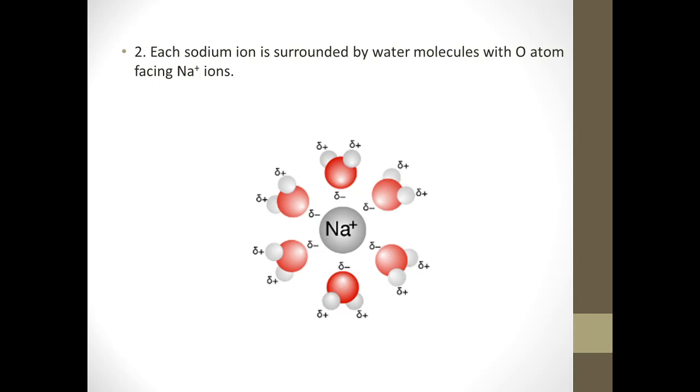Now, what happens in the next stage? The sodium cation carries a positive charge, and hence the negatively charged oxygen atoms are attracted towards it. The water molecules surround the sodium cation with oxygen facing the sodium cation because of the attraction between the partial negative and positive charges.